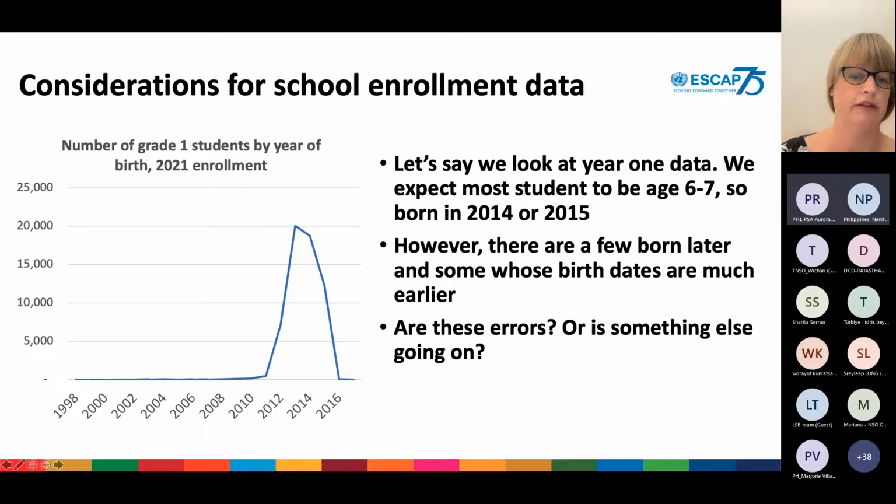However, when we graph this data, we can see there's a few that are born later, and then there's a sizable amount that are born before 2014. And so we want to know, are these errors, or is something else going on in the data? Were these typos, or errors, or something we don't understand?